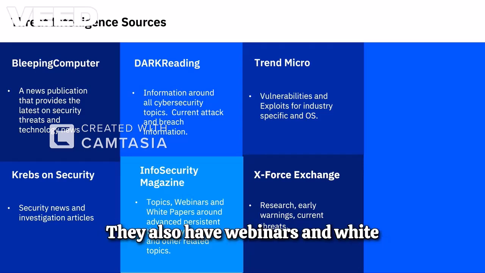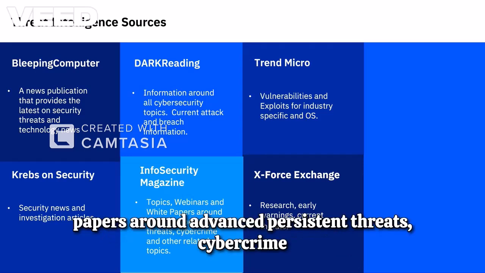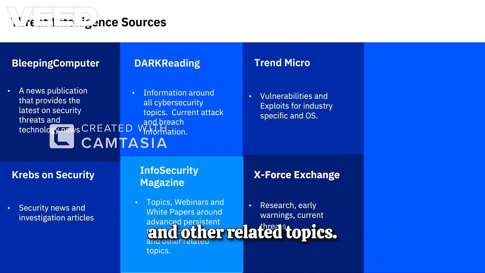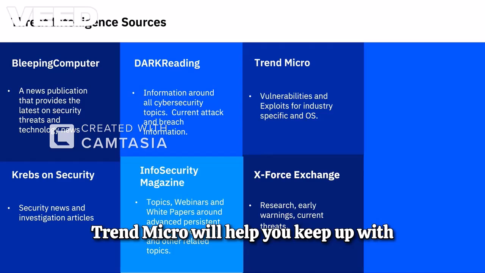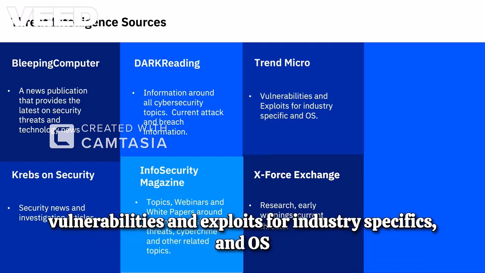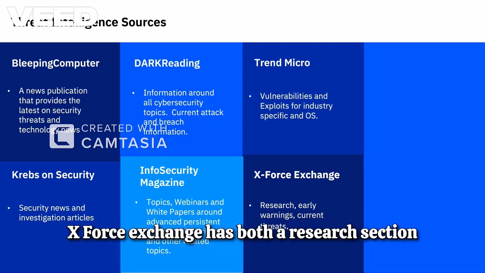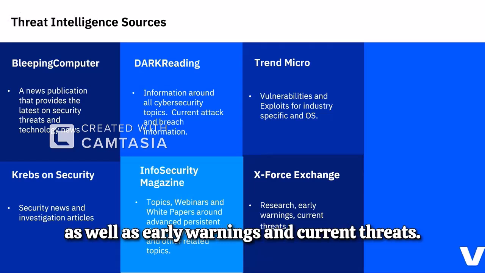They also have webinars and white papers around advanced persistent threats, cybercrime, and other related topics. Trend Micro will help you keep up with vulnerabilities and exploits for industry specifics and OS. X-Force Exchange has both a research section as well as early warnings and current threats.